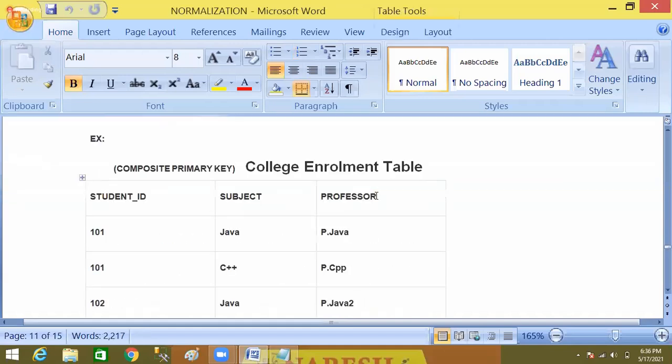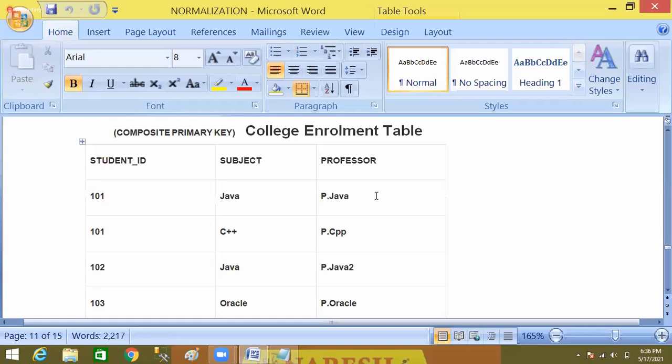For example, here a college enrollment table is there. In this college enrollment table, student ID, subject, and professor are there. Here student ID and subject are the composite primary key columns.